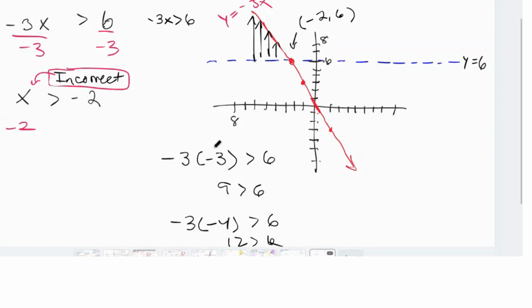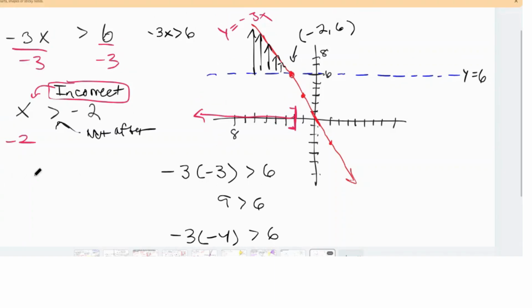So it seems that anything before -2 is correct, not after. So then that would indicate that your solution set needs to be like this. You need to have anything from -2 on your number line to -infinity. Or you would write that as x solution is going to be less than -2.